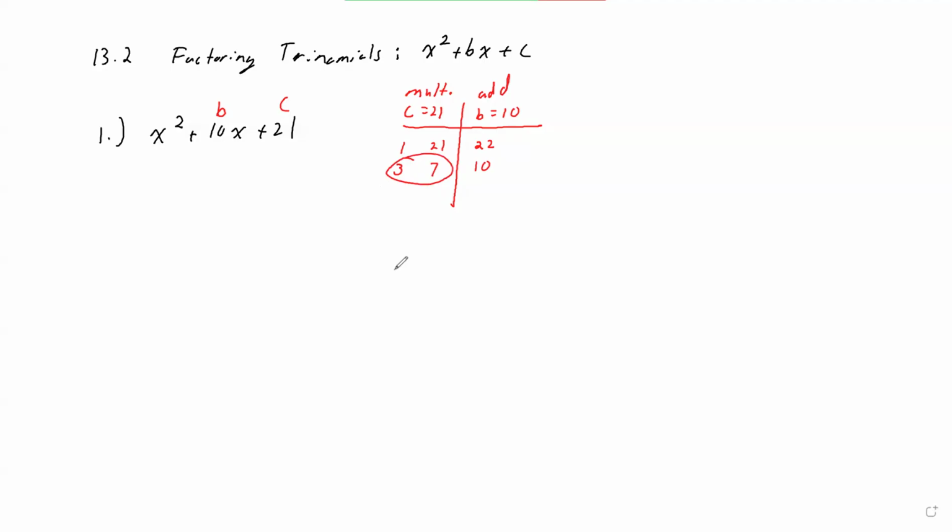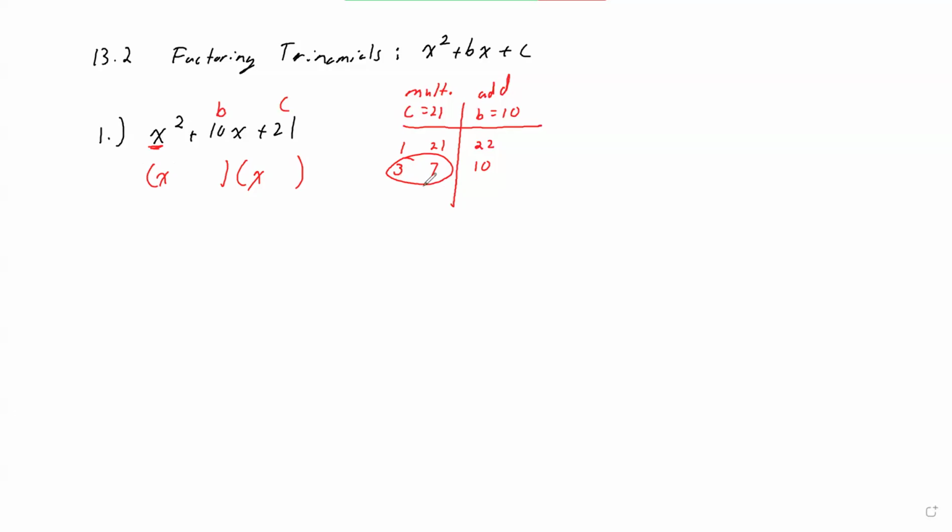So the way this works is a trinomial, that's 3 terms, will always factor into 2 binomials. So I'm going to open up 2 sets of parentheses, where the leading term will always be whatever this is. In this case, it's an x. I say basically whatever that letter is. And those are the factors you just came up with.